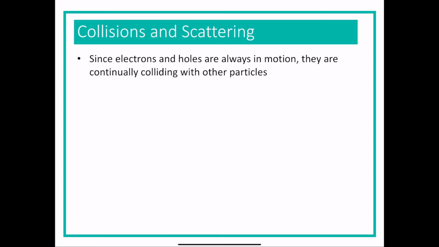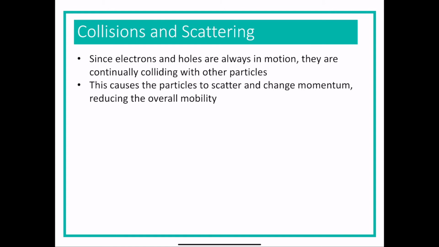So, collisions are a problem. Particles collide all the time because they're always moving. Particles scatter and change momentum, and it reduces mobility. There are two things that scatter particles when they run into stuff.